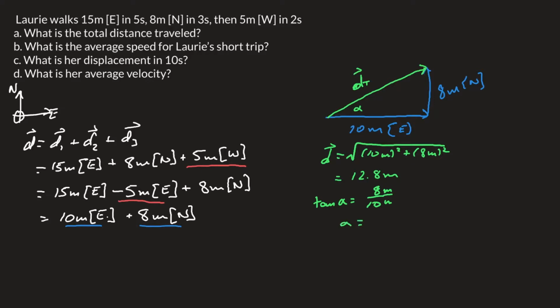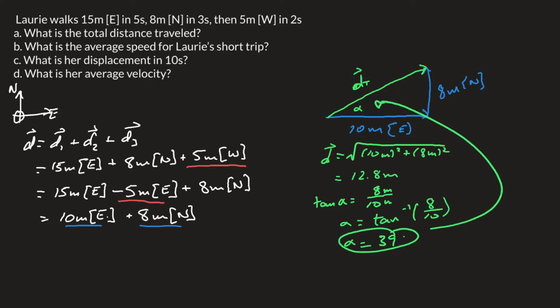By rewriting that, I get my angle alpha is equal to tan negative 1 of 8 over 10, which gives me an angle alpha of approximately 39 degrees. And that tells me that my final answer, so this 39 goes here. I have a final displacement of 12.8 meters, and that's east 39 degrees north.